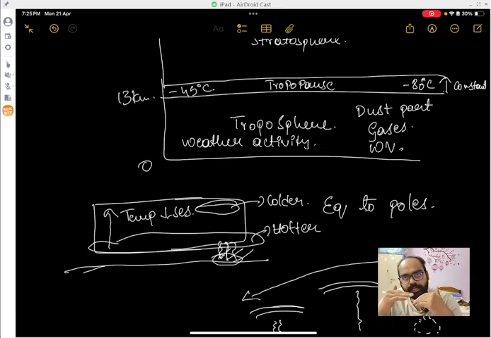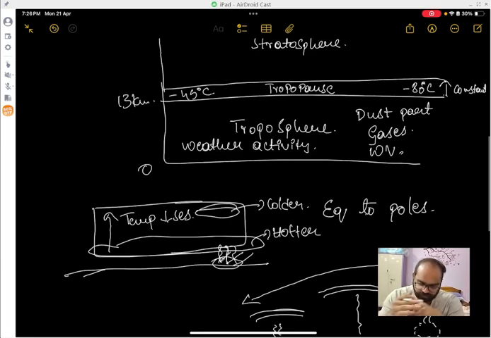At the equator or tropical region, the troposphere is much higher, so it will be much cooler, and at the polar region it is much lower, so it will be less cool compared to the equatorial tropopause. That's why it is minus 80 at the equatorial region and minus 45 at the polar region.